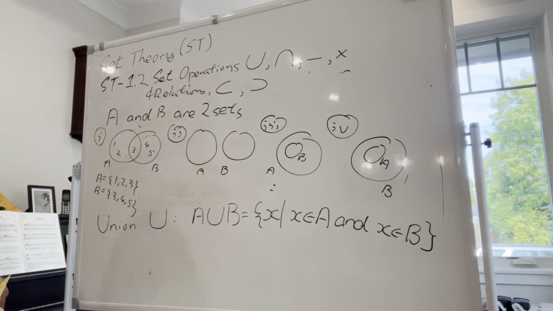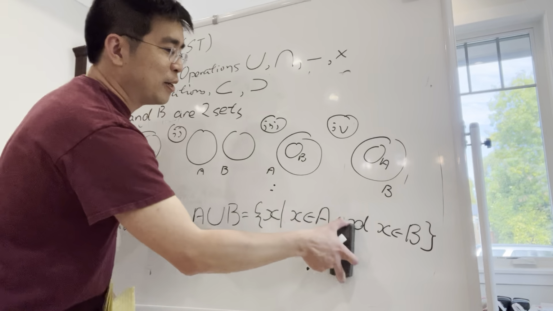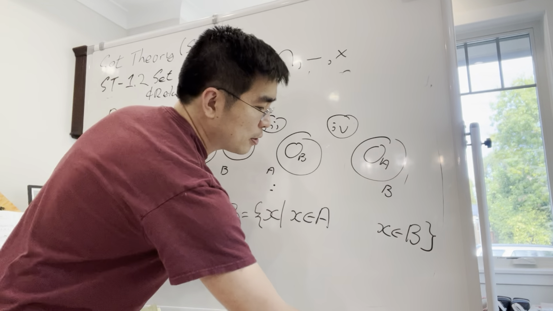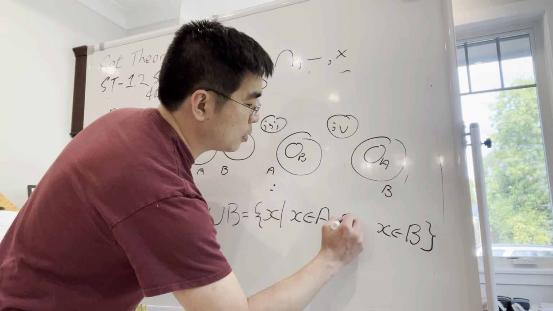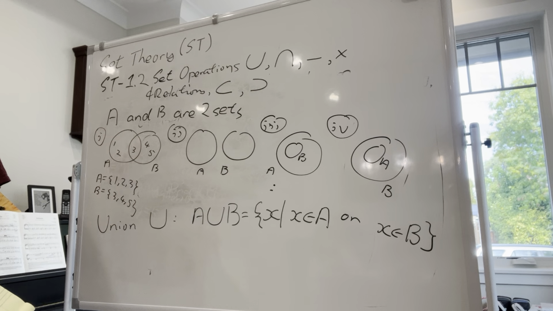Now, A union B, you definitely did not see and, it means or. So A union B means the elements can be either in A or in B, or both, okay?